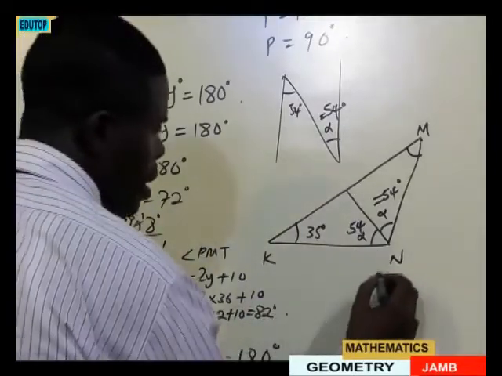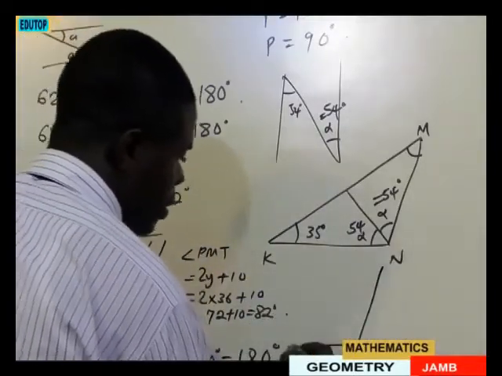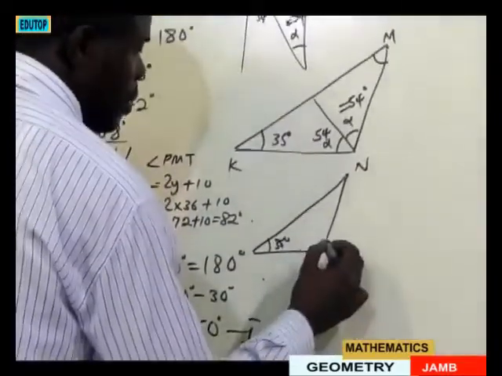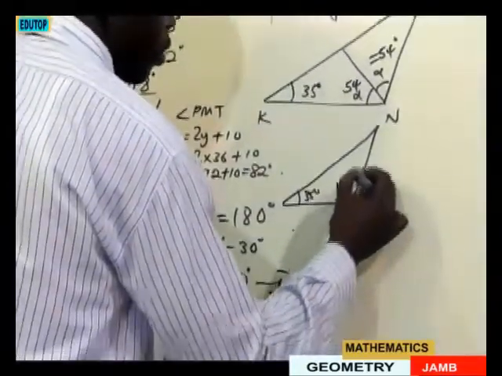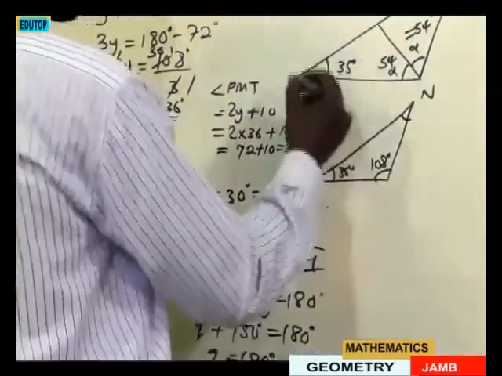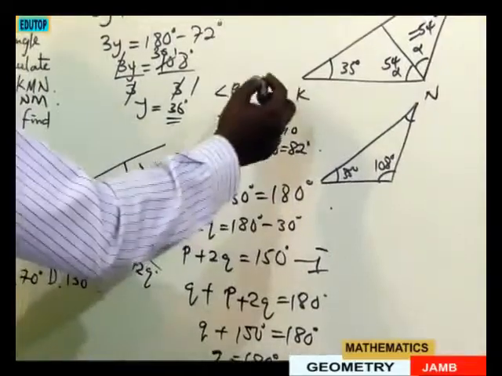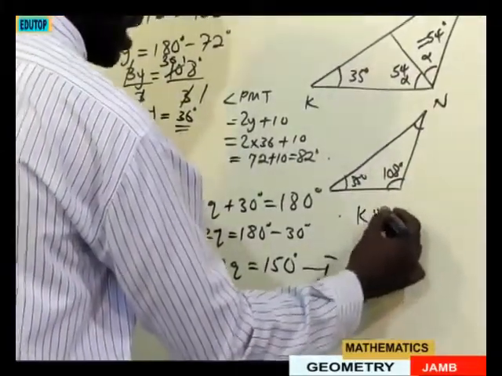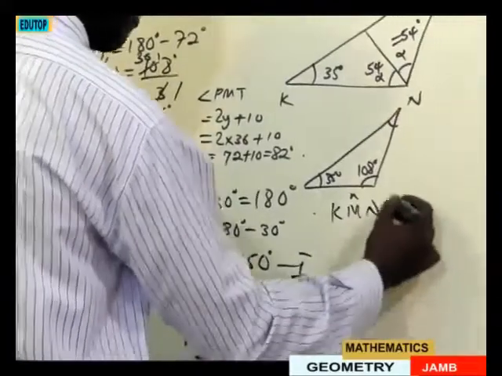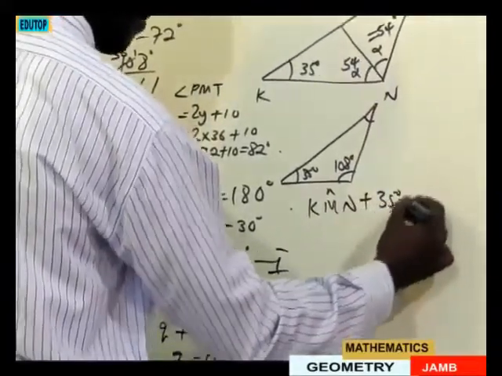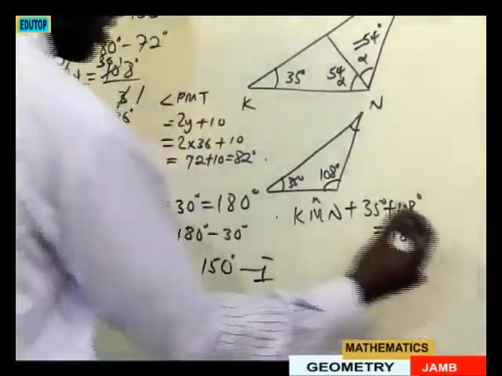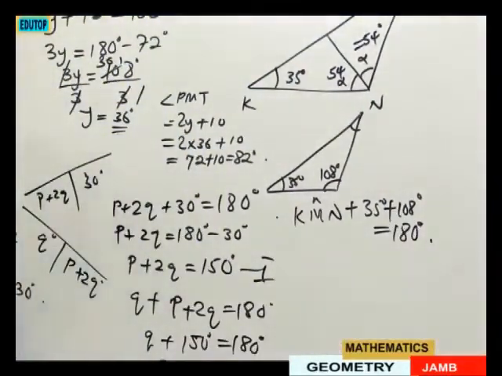Then what we're going to be having is something of this kind, where this place is 35 degrees, this place is now 108 degrees, and we are looking for this place, which is KMN. So angle KMN plus 35 degrees plus 108 degrees must give us what? 180 degrees, because the sum of angles in a triangle is 180 degrees.